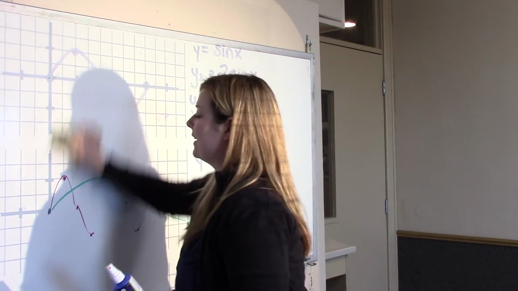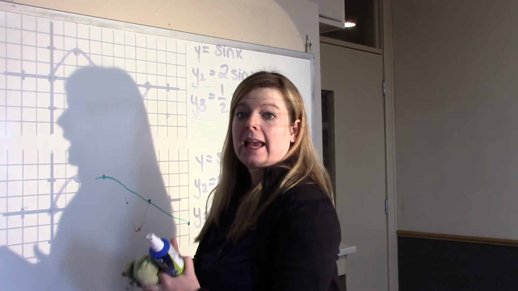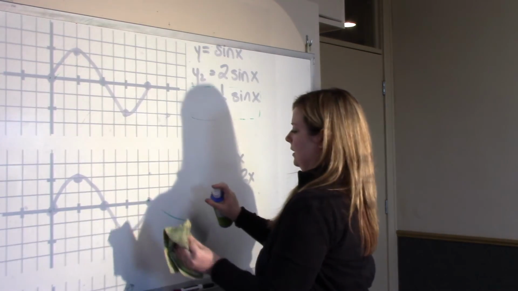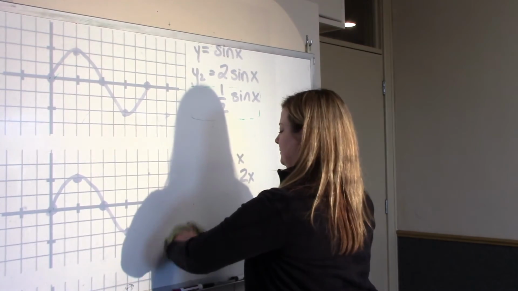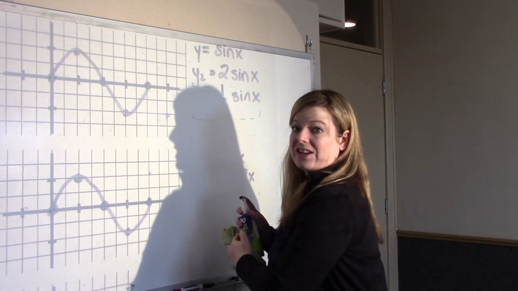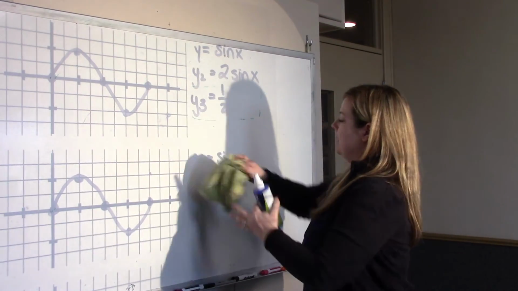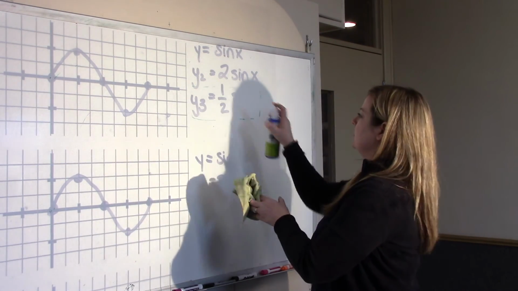Okay, so the A and the K determine the shape, and then the D and the C determine the location. To me, that's just a simpler way of thinking about it.